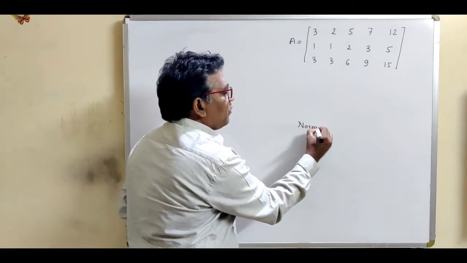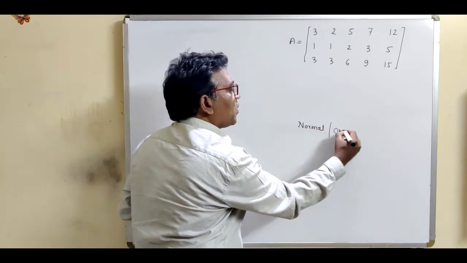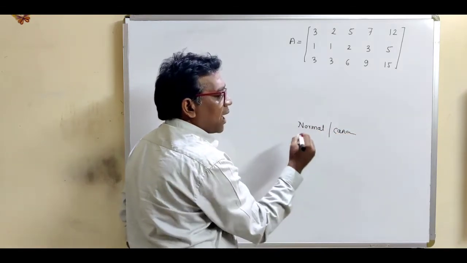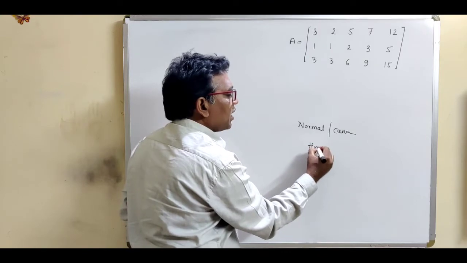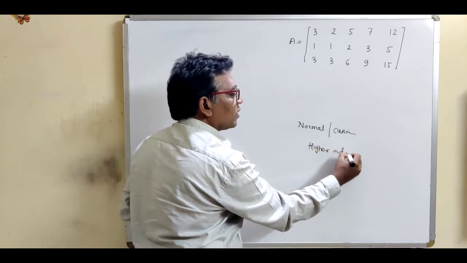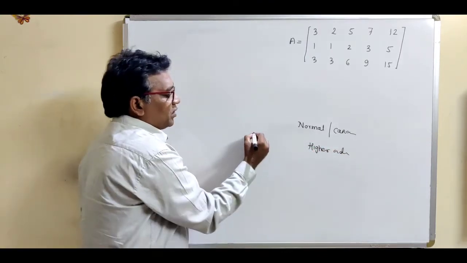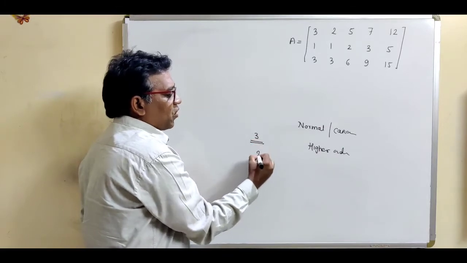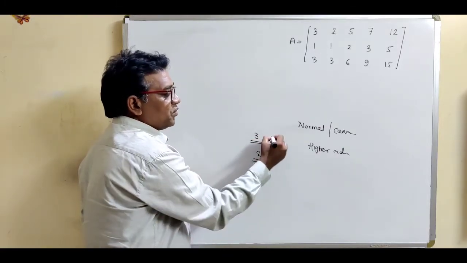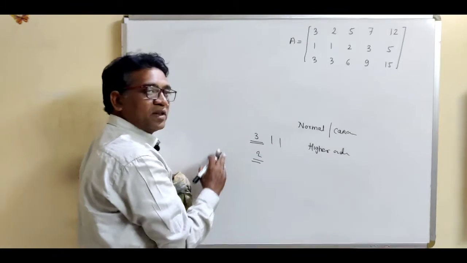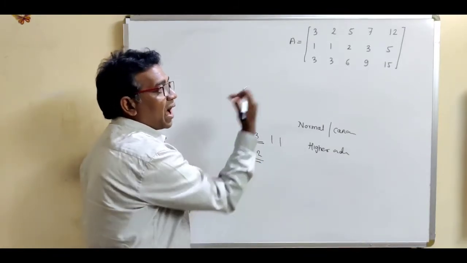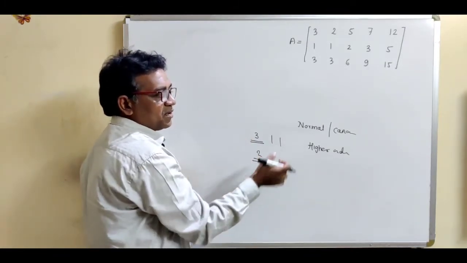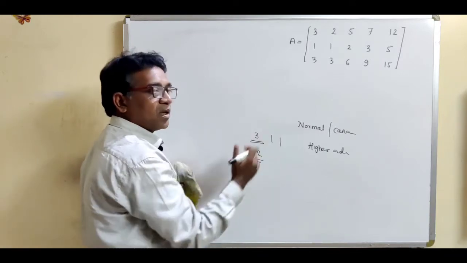This normal form or canonical form is applicable for higher order. For lower order, up to order 3 or order 2, we can use the determinant method or minor method, and for higher order we can use the normal form or canonical form method.